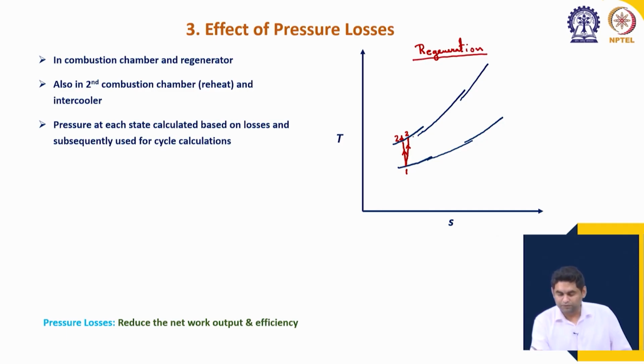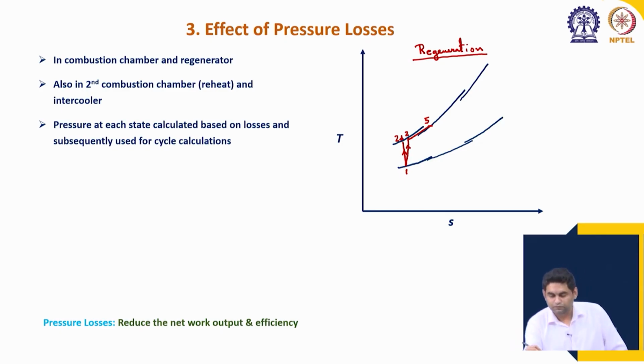Due to the pressure loss in the regenerator there is a slight decrease of pressure in the air which is passing through the air side. So, after regeneration it will be somewhere around this location. This will be our state 5. There is a slight drop, it is difficult to show at this scale, but it can be of the order of 2 to 3% of the compressor delivery pressure, which is the pressure at state 2.